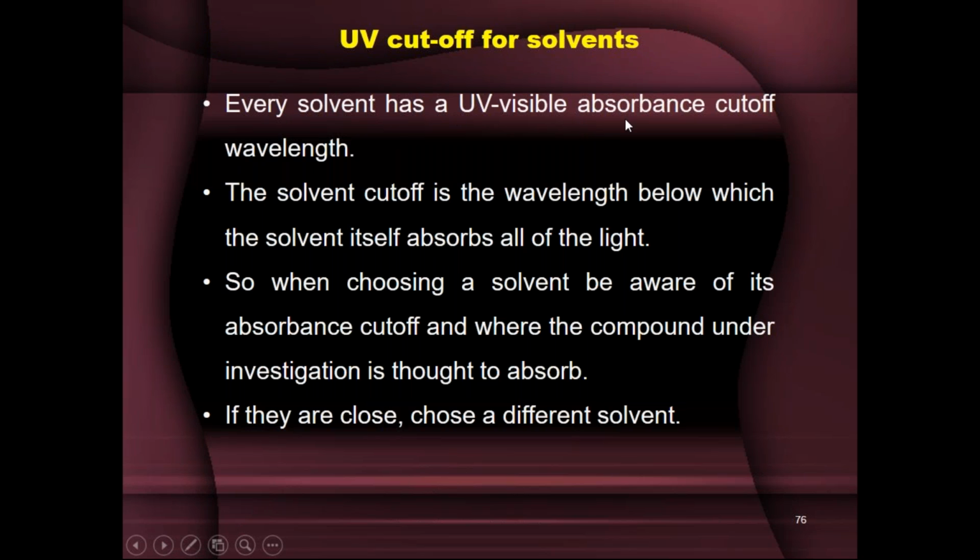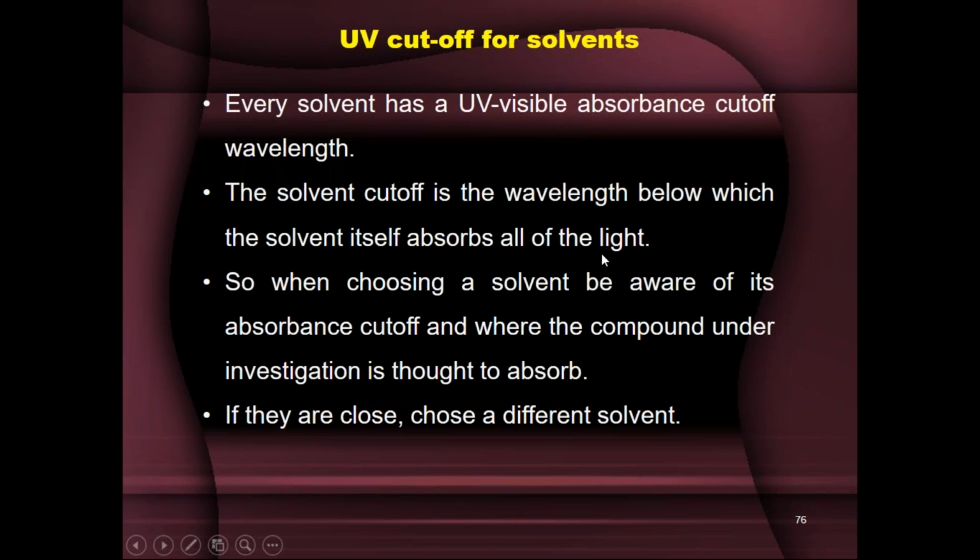Every solvent has a UV visible absorbance cutoff wavelength. The solvent cutoff is the wavelength below which the solvent itself absorbs all of the light. So below the cutoff wavelength, that is shorter than the cutoff wavelength, the solvent itself absorbs most of the light.